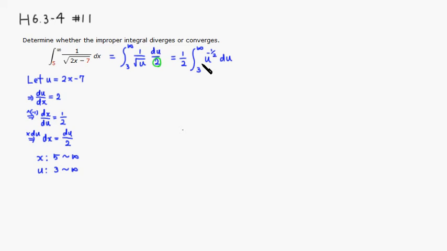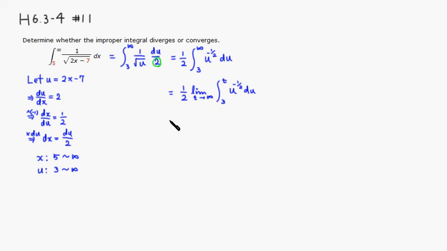Since this is an improper integral, we're going to use a limit. So it's 1/2 times the limit as t approaches infinity of the integral from 3 to t of u to the negative 1/2 power with respect to u.